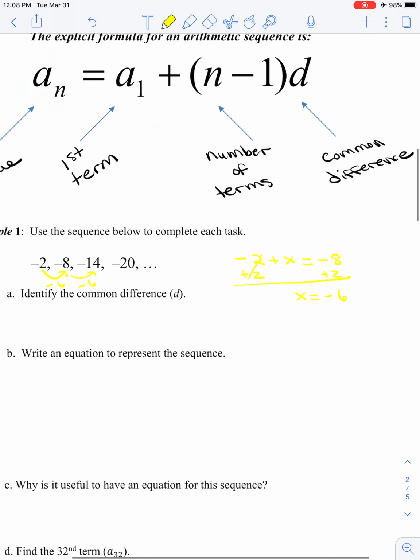Or again, you could set up a little equation: -8 plus something equals -14. And you should get that something is -6.